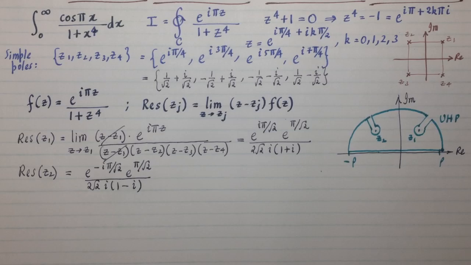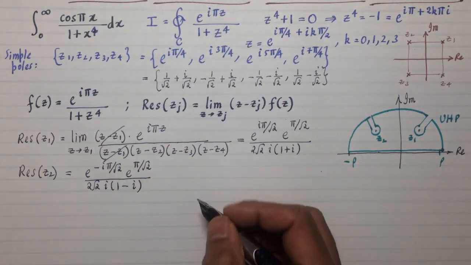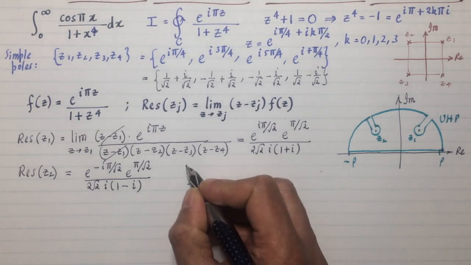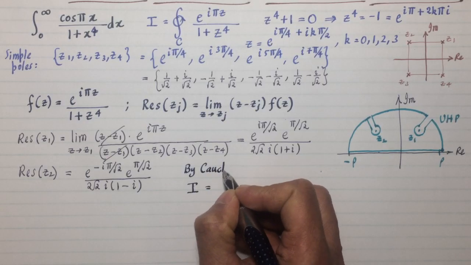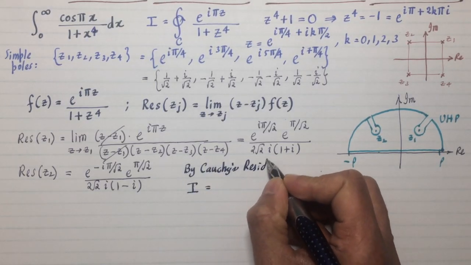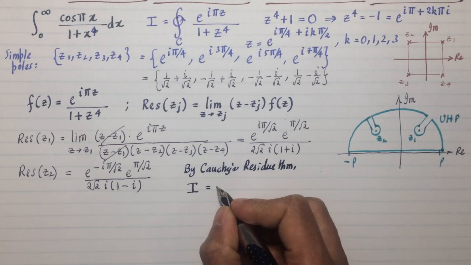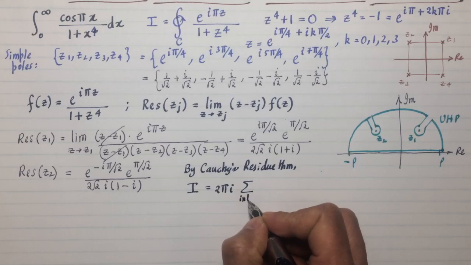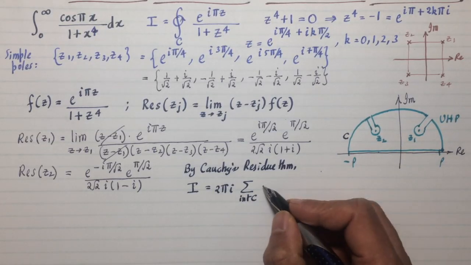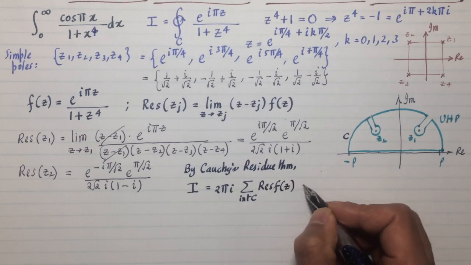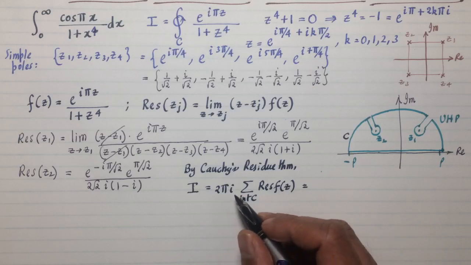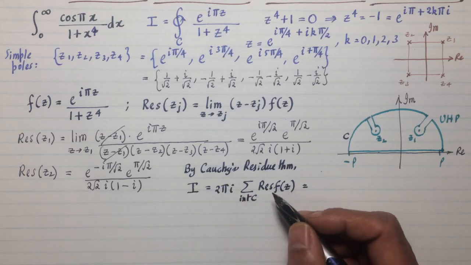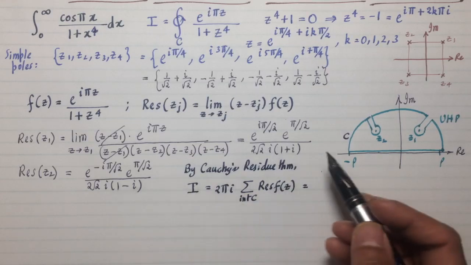Once you have these two, by the residue theorem, the value of the integral I, which I've indicated here, so by Cauchy's residue theorem, I is just 2 pi i times the sum of the residues in the interior of the contour C. That's the contour C. And so 2 pi i times all this, so the one factor of i will go away, and then you can simplify this thing.